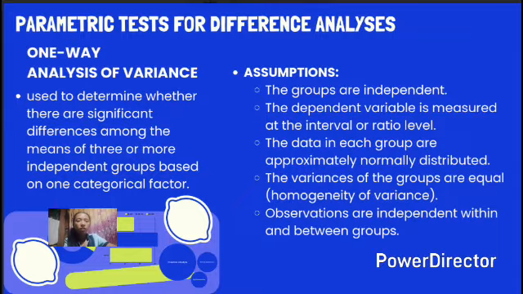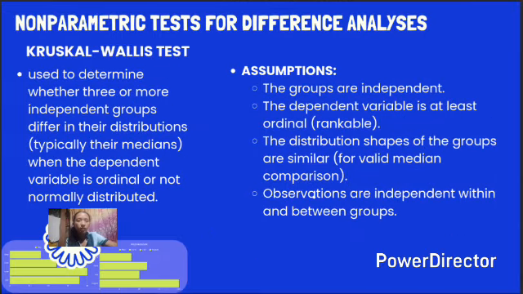The assumptions of one-way analysis of variance are: first, the groups are independent; second, the dependent variable is measured at the interval or ratio level; third, the data in each group are approximately normally distributed; fourth, the variances of the groups are equal, or homogeneity of variance; fifth, the observations are independent within and between groups.